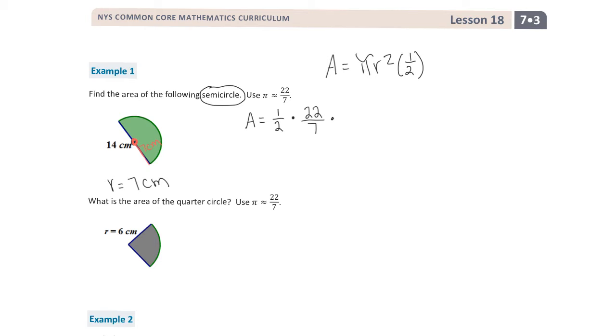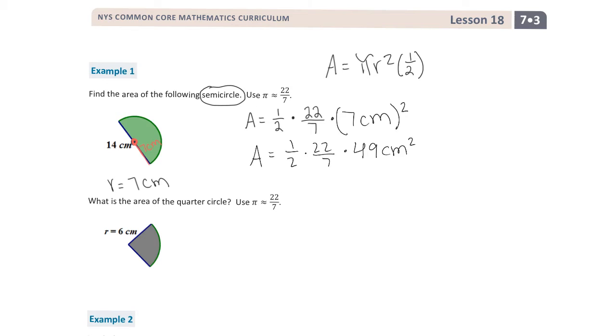And how we're going to represent that is 7 centimeters is being multiplied by the square. So what is 7 squared? Well, that is 49. So now our problem is 1/2 times 22 over 7 times 49 centimeters squared.